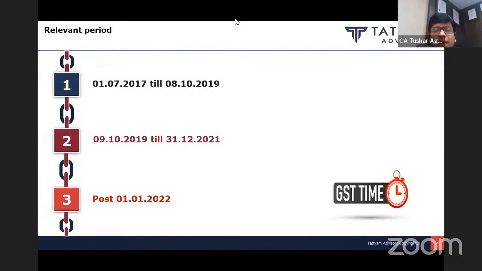Then in September and October 2018, there was a new concept, Gstr 2A, which was introduced by the portal. So from September and October 2018, we started seeing Gstr 2A on our portal, and thereafter the department became active, asking all the taxpayers to undertake 2A versus 3B reconciliation. And then on 9th October 2019, Rule 36.4 was introduced.